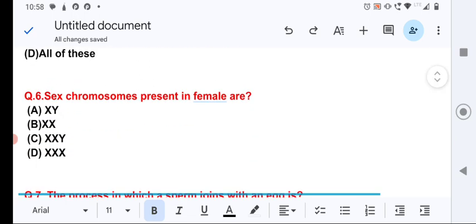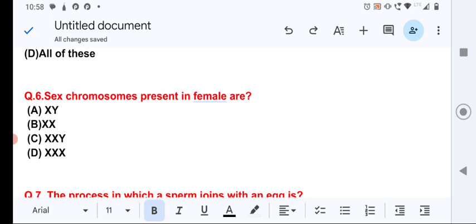Now question number 6: the sex chromosomes present in females are? This is option B, XX, whereas the sex chromosomes present in males are XY, which are responsible for the determination of sex.